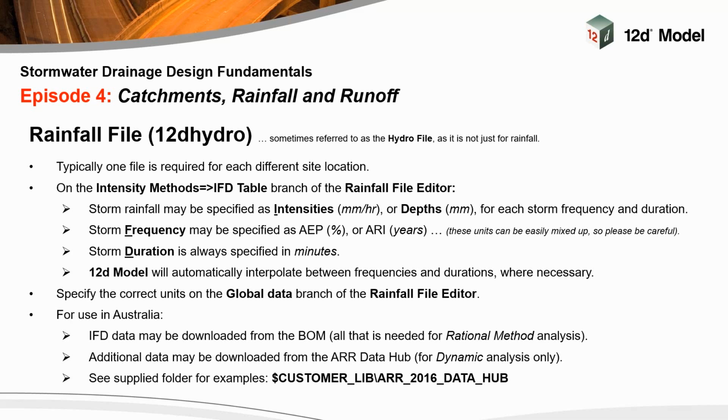Okay, and so because of that, the powers that be in the stormwater industry, at least in Australia, have started to adopt a new unit called AEP, which is Annual Exceedance Probability. Another set of 3 long words strung together. And it's very easy, unfortunately, to mix these 2 different units up, now that we support both. So do be careful.